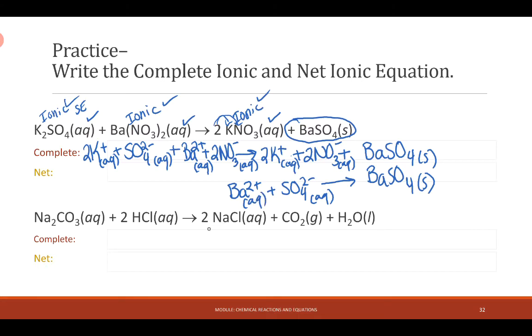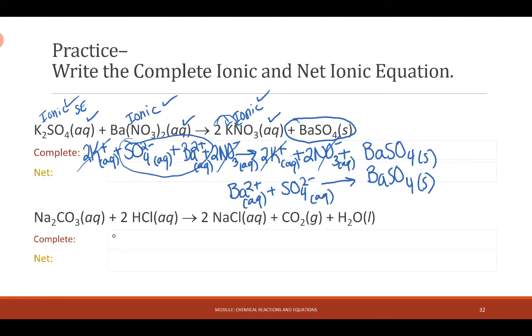But let's go ahead and double check. I see 2 potassium ions over here, 2 potassium ions over there, 2 nitrate ions, 2 nitrate ions. And so yes, the only ions I'm left with are barium and sulfate, which is all the ions needed to make barium sulfate.